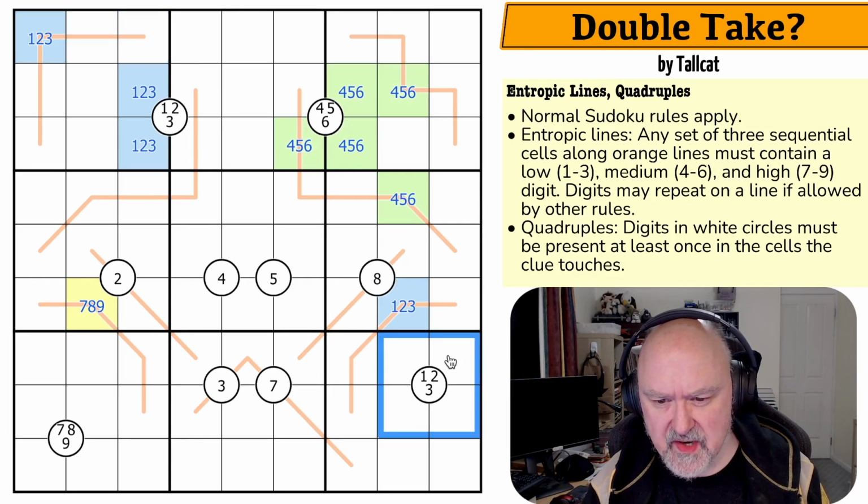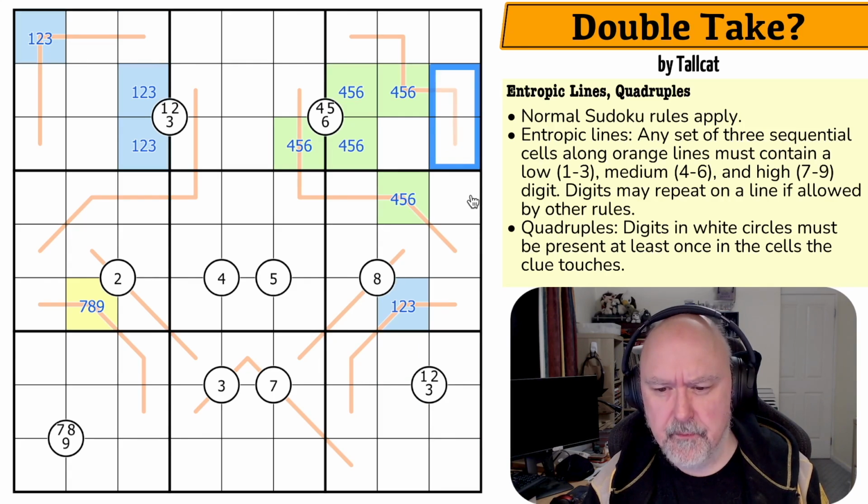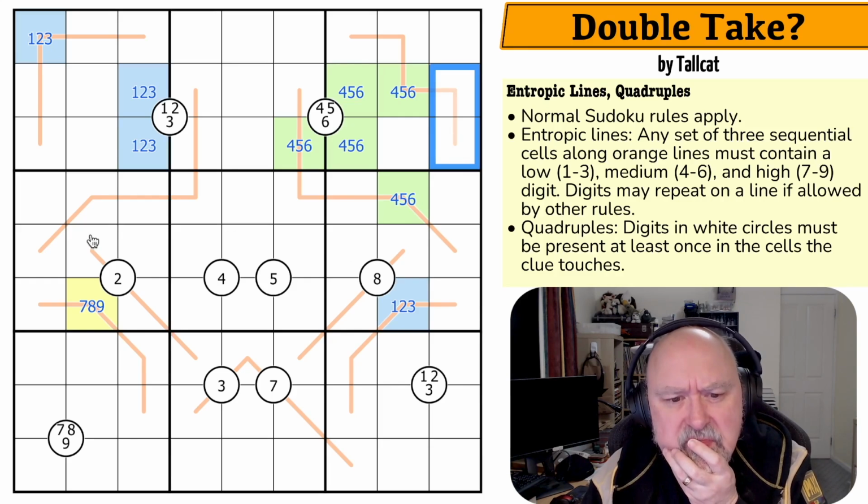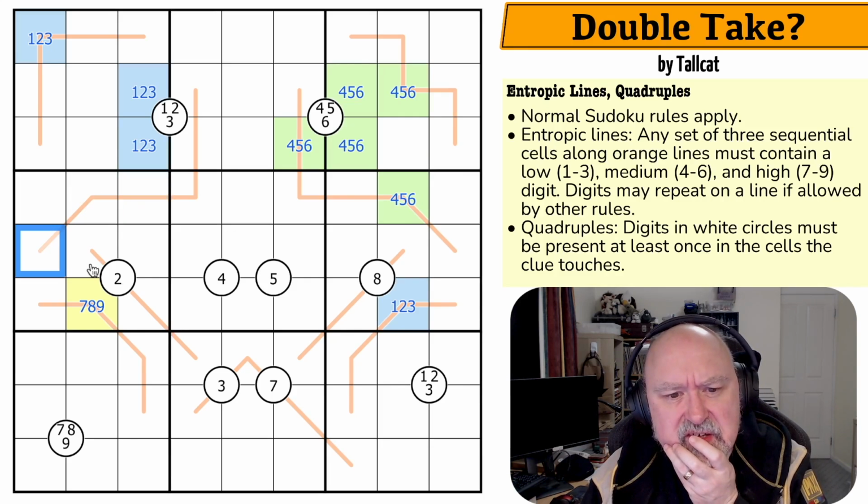One, two, three. I know these are low and high. This is one of each.